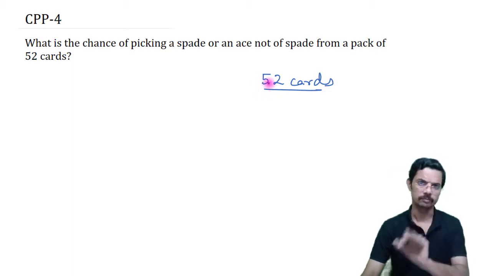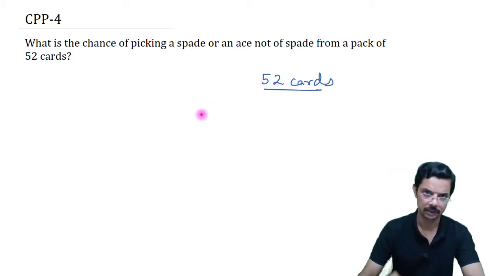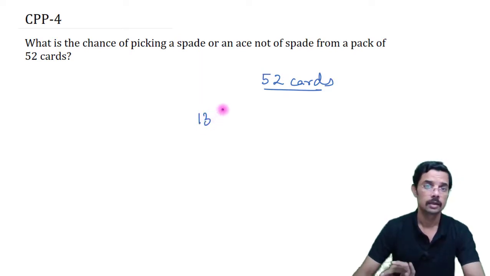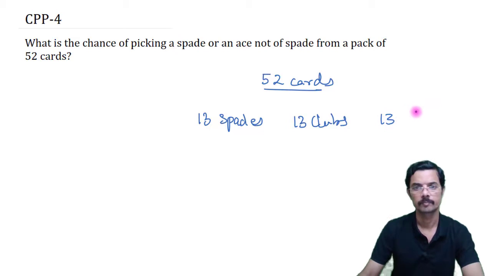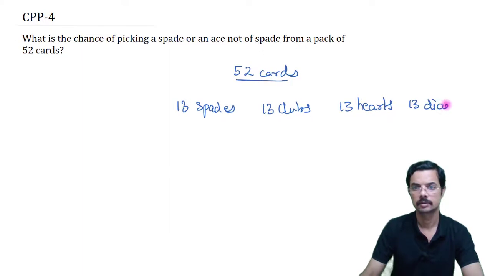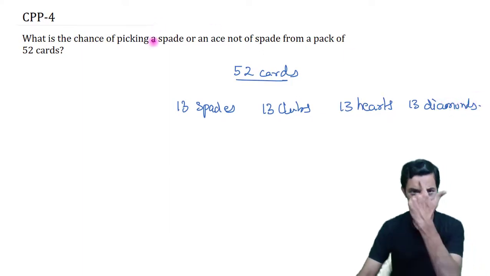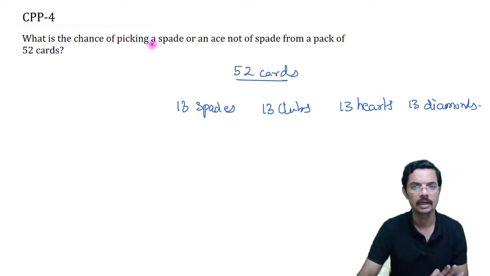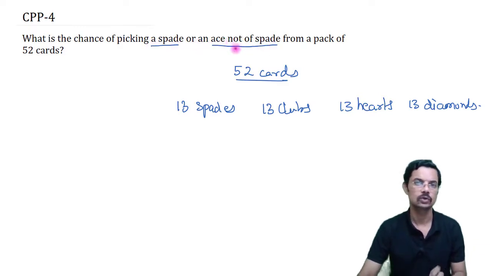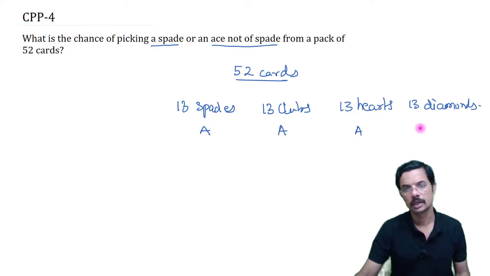Now out of them what we have is 13 spades, 13 clubs, 13 hearts, and 13 diamonds. Here we want a spade. The one card that we are picking should be either a spade or an ace not of a spade. So here we have ace, here we have ace, here we have ace, and here we have ace.